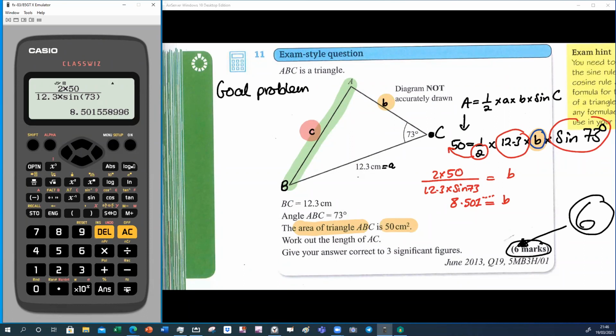No, I put 12.5 instead. Okay, so 8.501. Now remember this, please don't press the on button, don't lose that data. Do not use a rounded off B value when you start looking at the C value. Please must use this actual value in the next calculation.